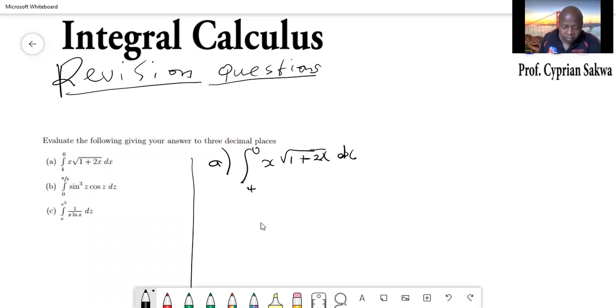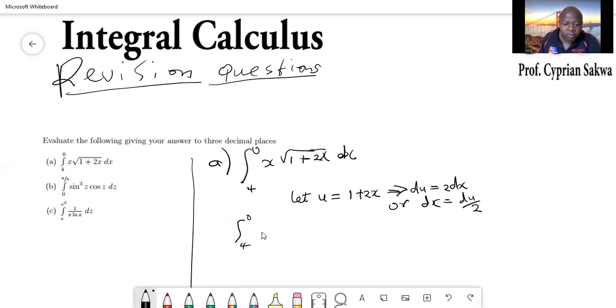So for us to use the substitution method, we'll say let u be 1 plus 2x, and then differentiate this to give us du equals 2 dx, or we can say that dx equals du over 2.